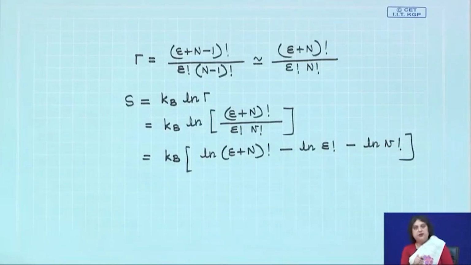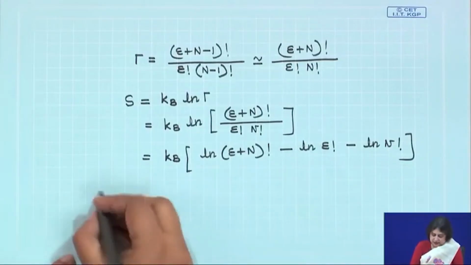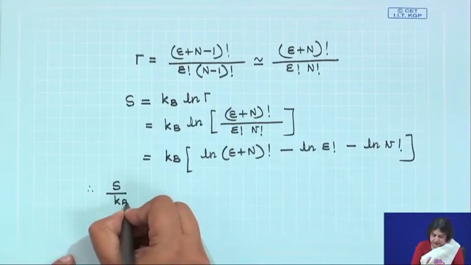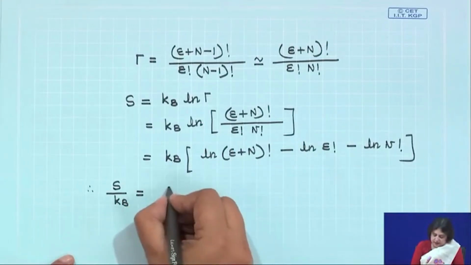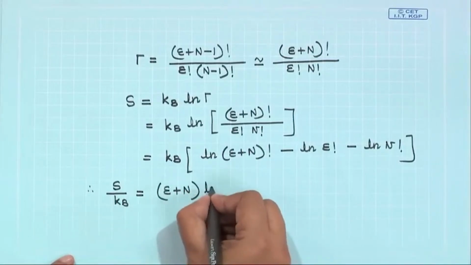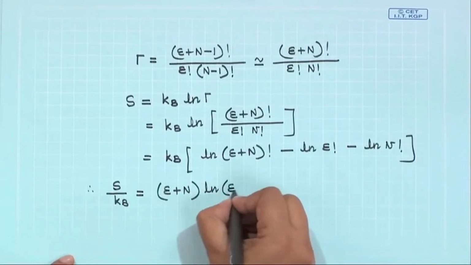Now, this looks pretty familiar, because if the individual numbers epsilon and n are large, you can use the Stirling's approximation and then very easily write down that I must be having in this case this simplification.